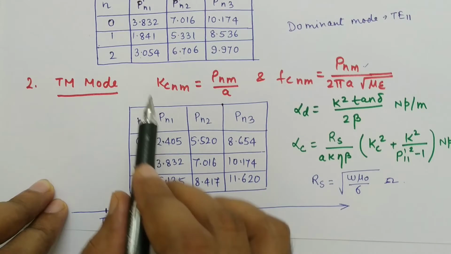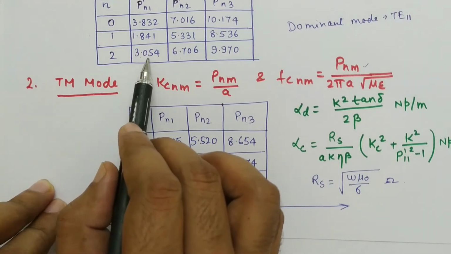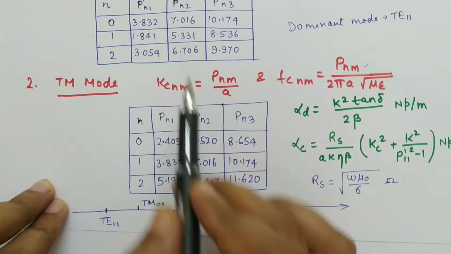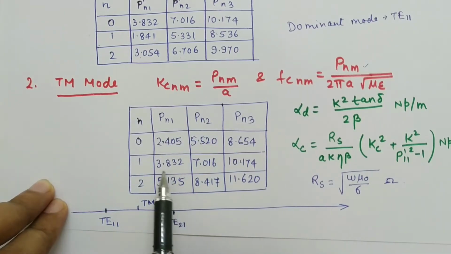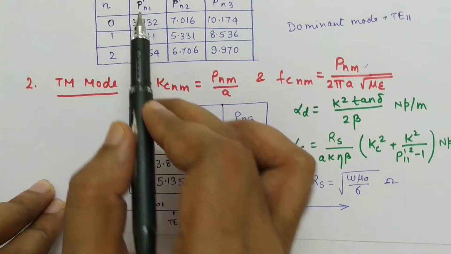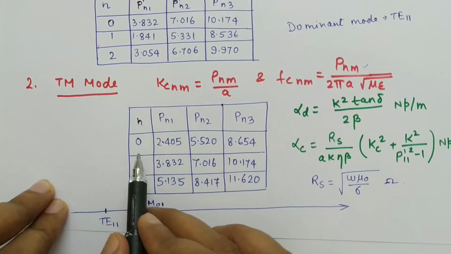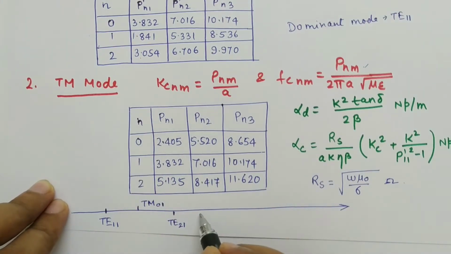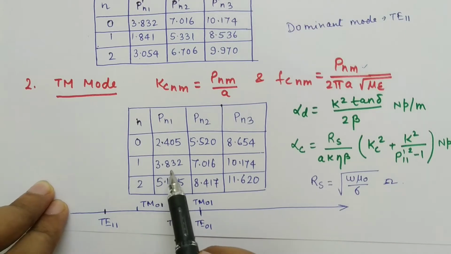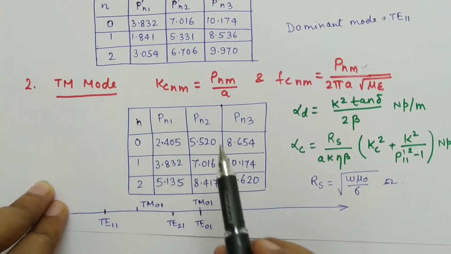Then from 3.054 the next value is 3.832 here, and here also 3.832. So these have the same cutoff frequency. The modes are TE01 and TM11. So we can write TE01, TM11. So after 3.832 we have to see the next value.